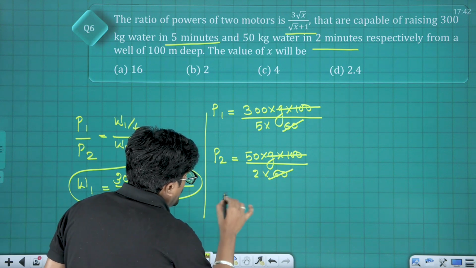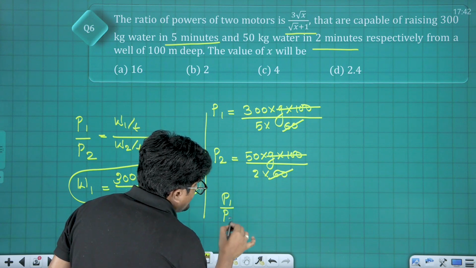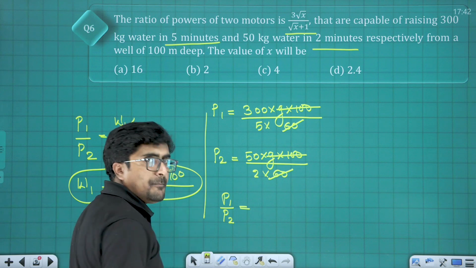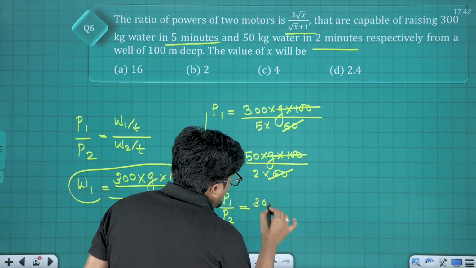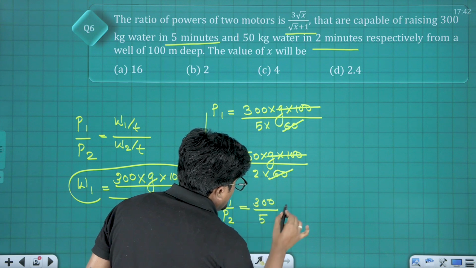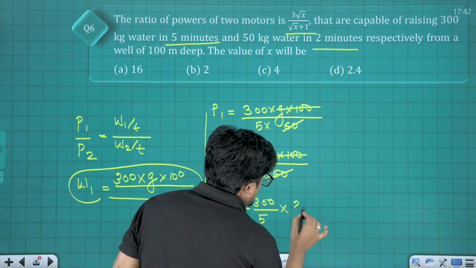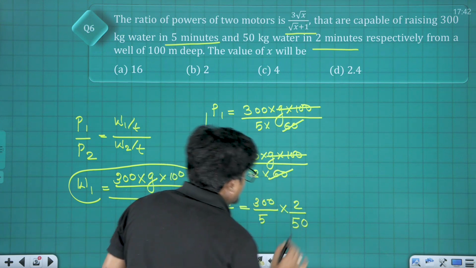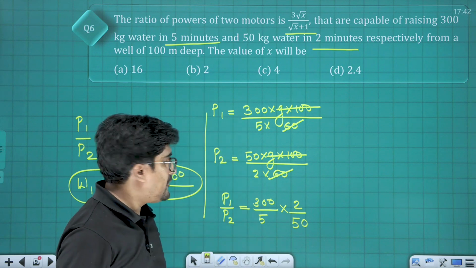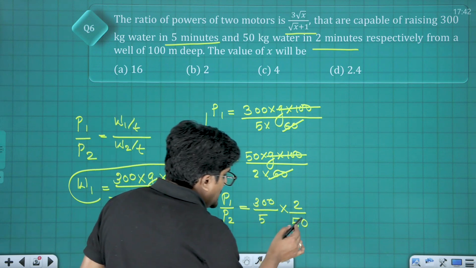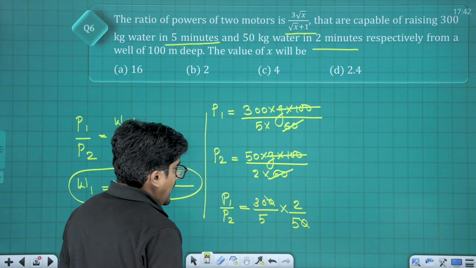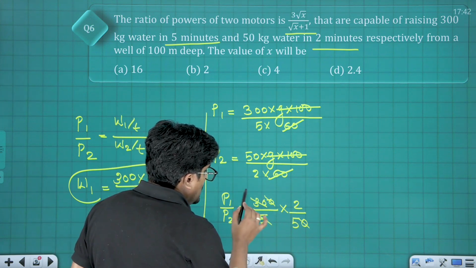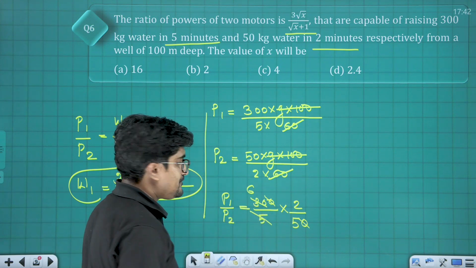So if I go for P1 by P2, it is going to be 300 divided by 5 into 2 divided by 50. Now let me check the possible cancellation. First of all, I can cancel these two. Alright. And after that, this is going to be 6.